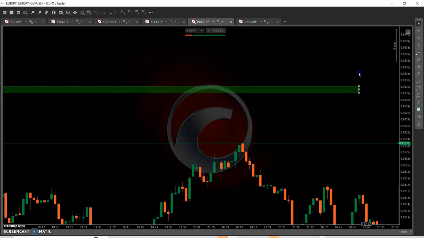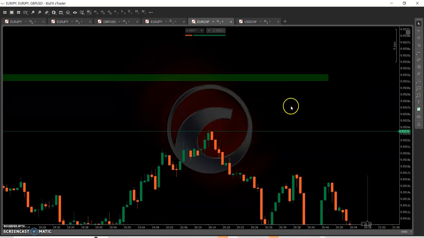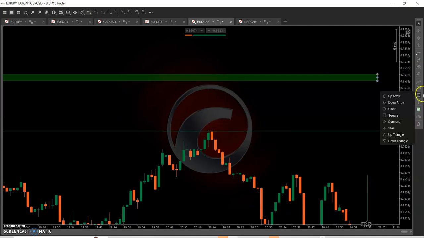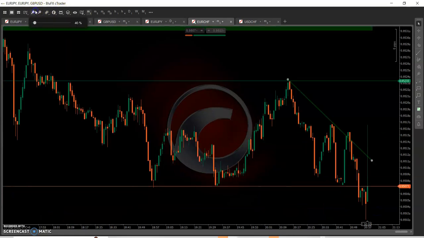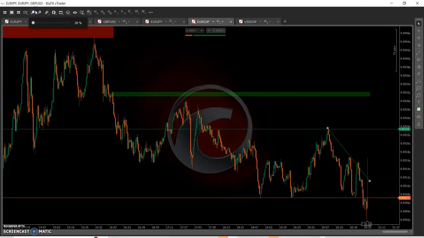So probably price will follow that path and come here to take out all this liquidity, the double top, and then cover that gap there.